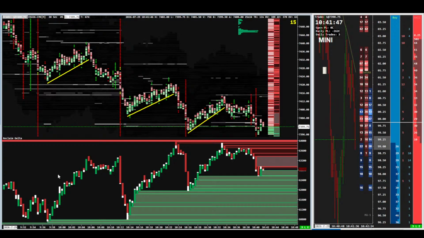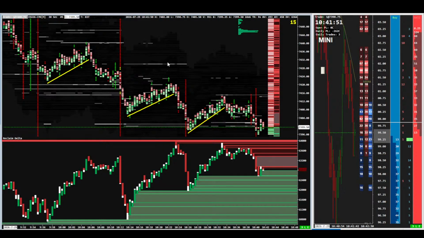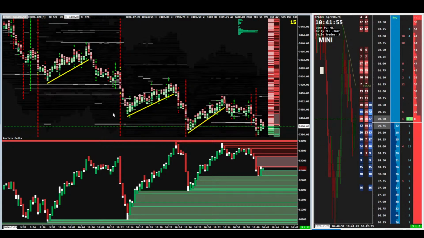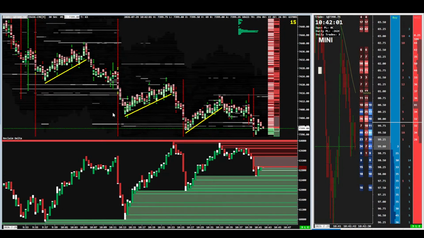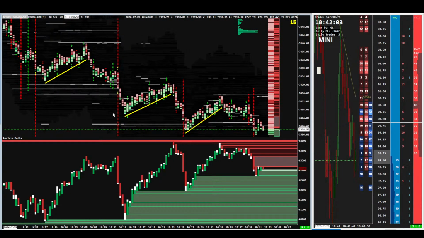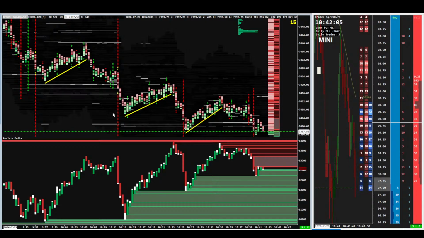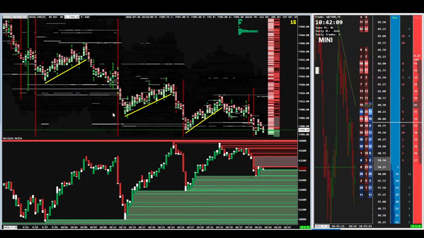It'll suck if it keeps going down there without me, but that spike up was dumb. The way they just rugged it up. Yeah, they're pulling the offers. Of course it comes back down.